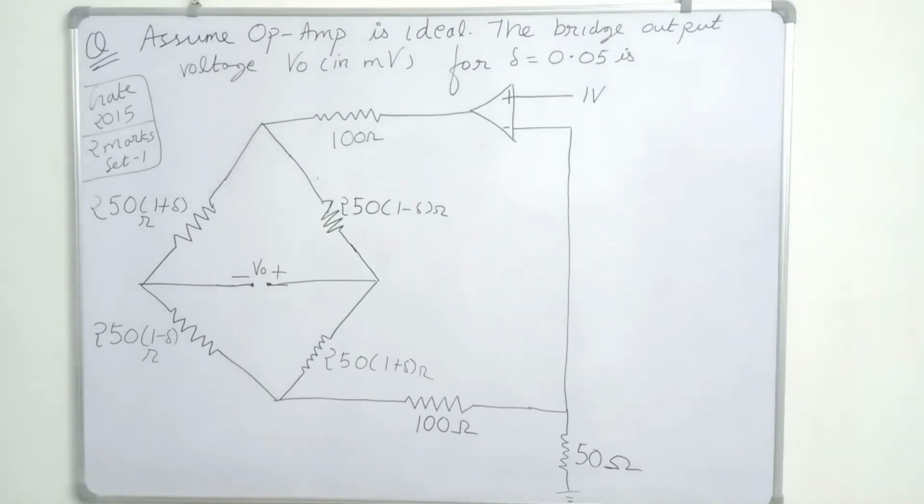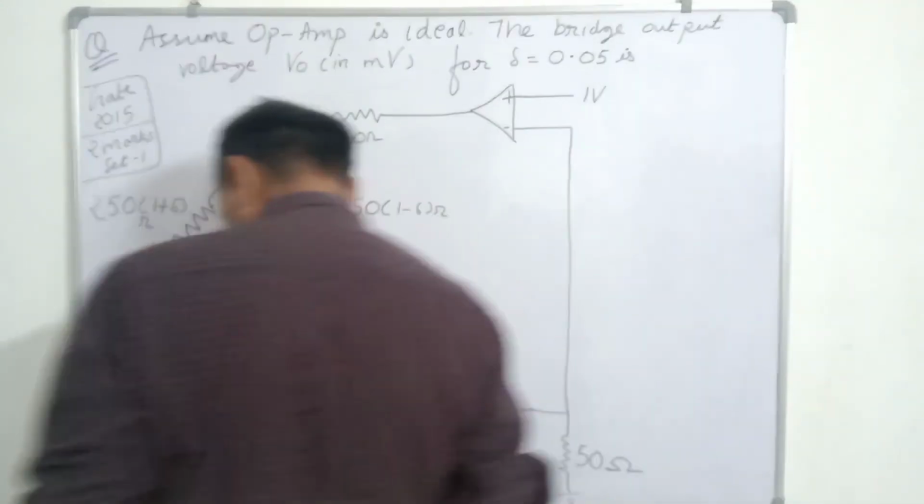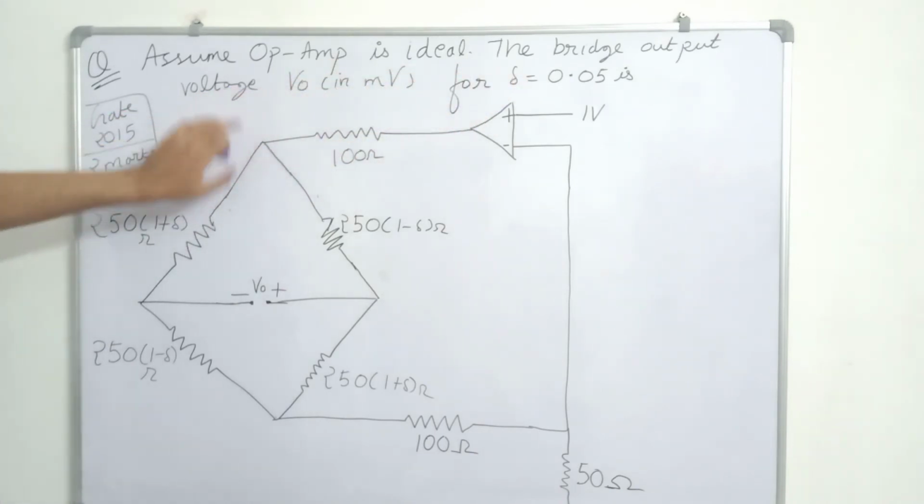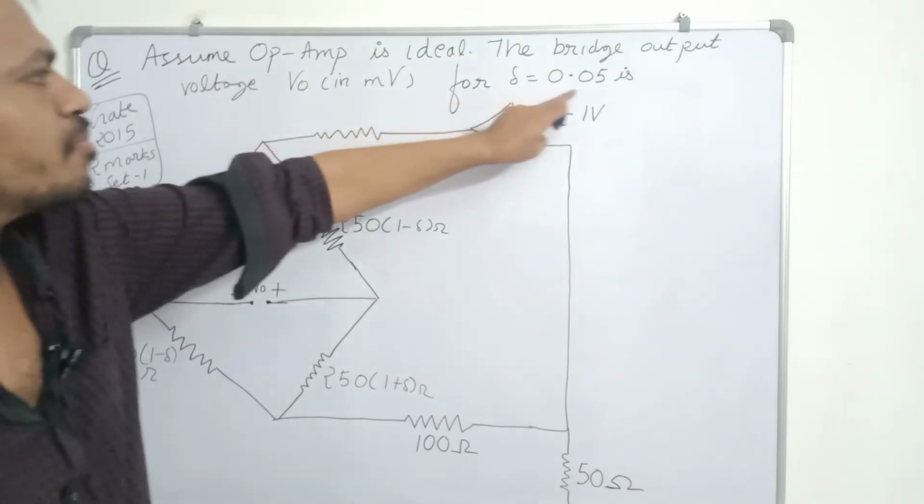In this video, we are solving a question from GATE 2015, 2 marks, set 1. This question is based on an op-amp, and it says that the op-amp is ideal and we have to find the bridge voltage V0 for delta equal to 0.05.